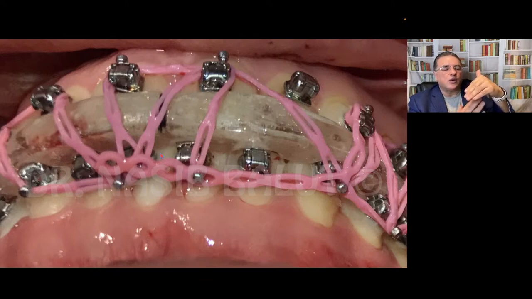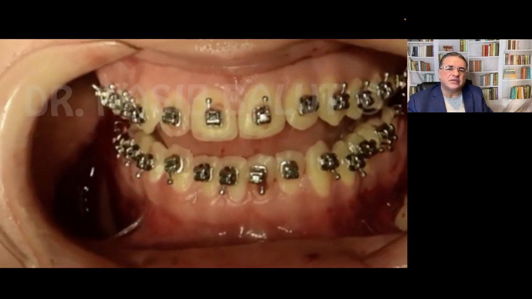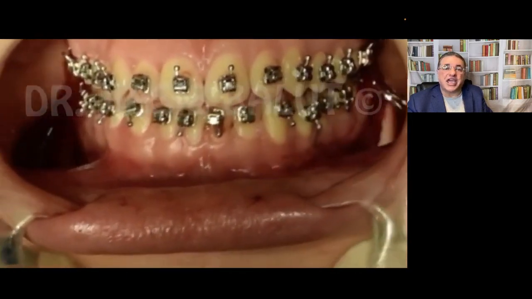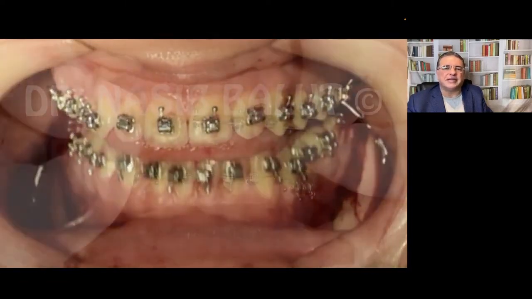That is why we want to give torque to the lower anteriors. Usually, class 3 patients have retroclined incisors. So in surgery first cases, I want to add positive torque to these teeth. So before they place the sutures, we check the position of the mandible.